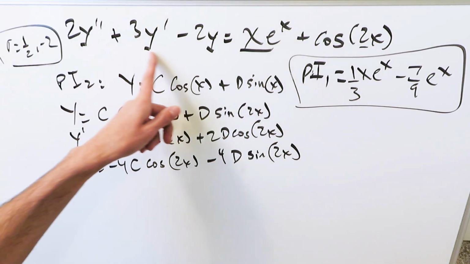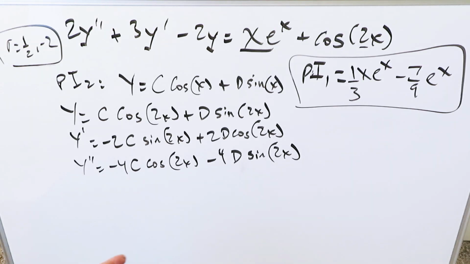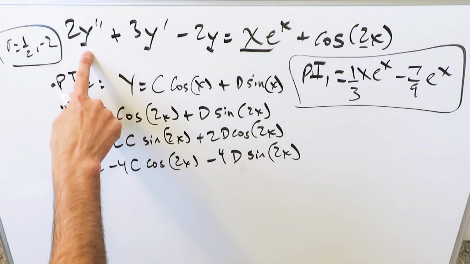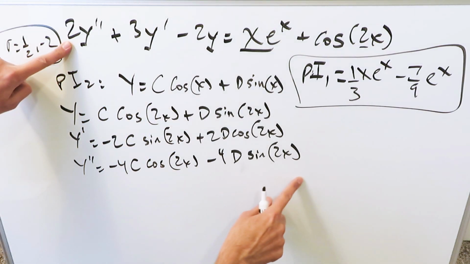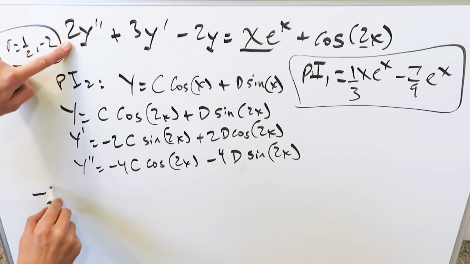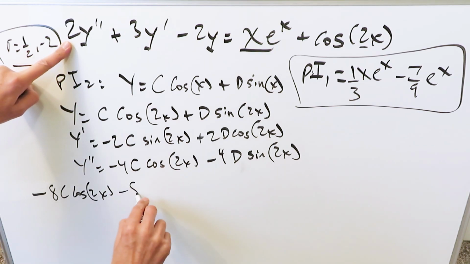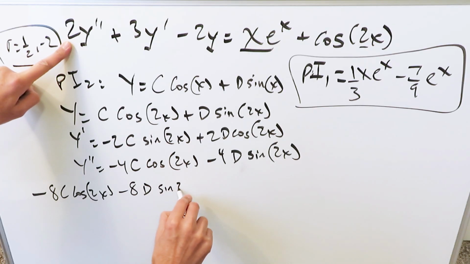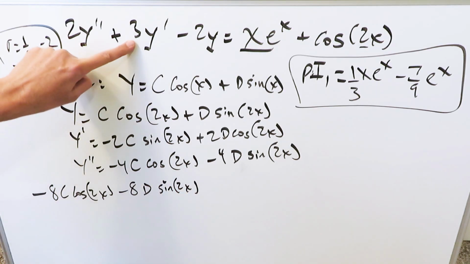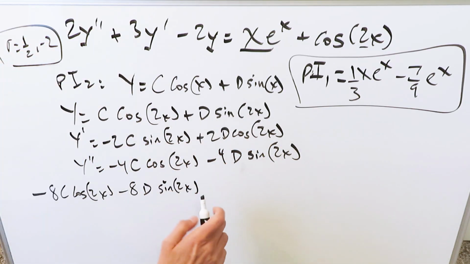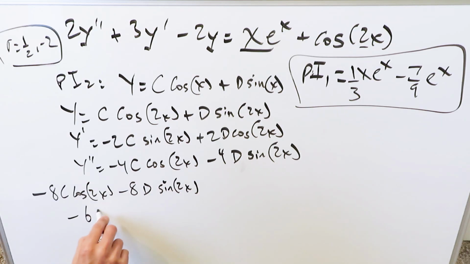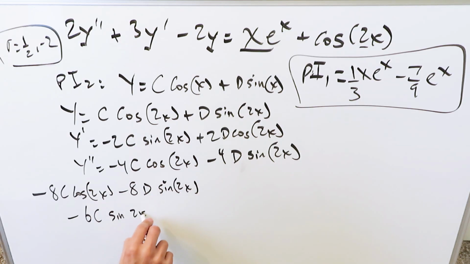Now we have to bring these items right over here, and again it's complex because it's lengthy. Bring these items into play. I have a 2 and a double order which will multiply with this. I'll have here a minus 8c cosine 2x. Then I'll have here a minus 8d sine 2x. Then 3 with all of this item over here. What will we have? We'll have here a minus 6c sine 2x.